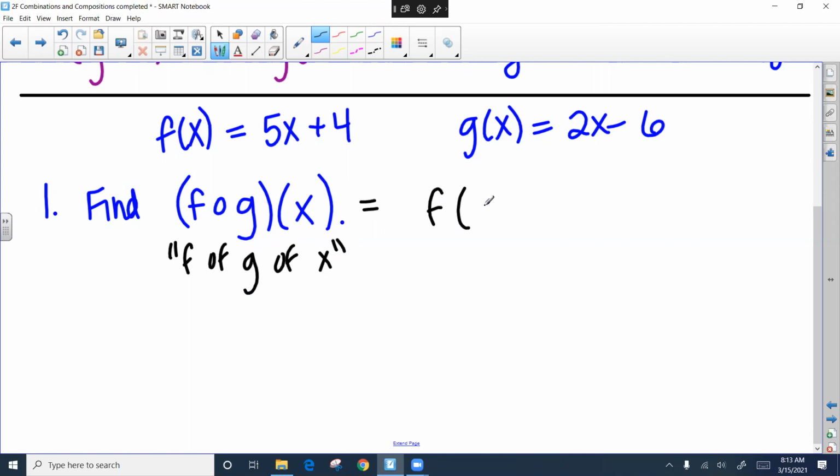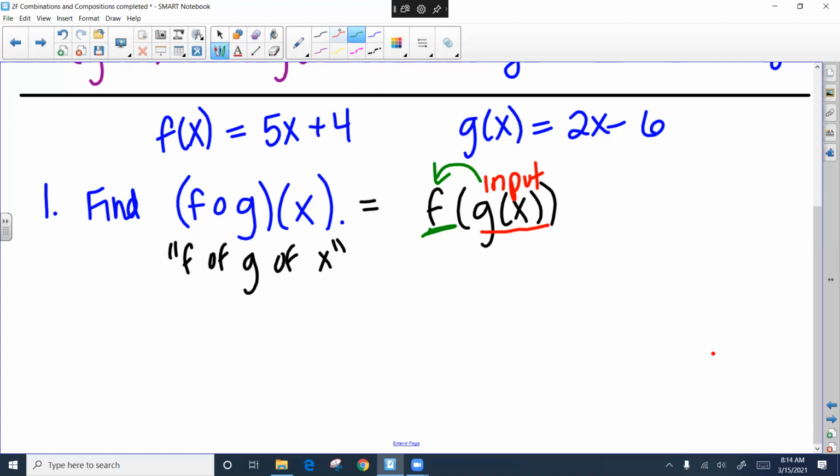So f on the outside, and then in parentheses, g of x, like this. So what that means here is the g of x is going to be our input, and we're plugging it into function f. So here's what it's going to look like, and this is why it's sometimes useful to write those equations up at the top.